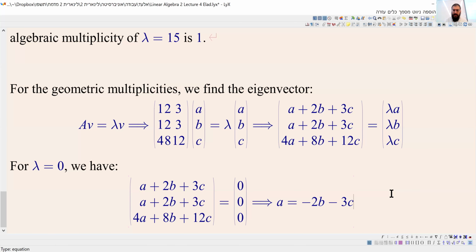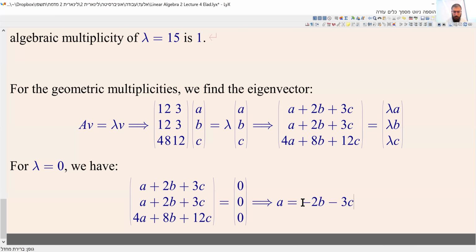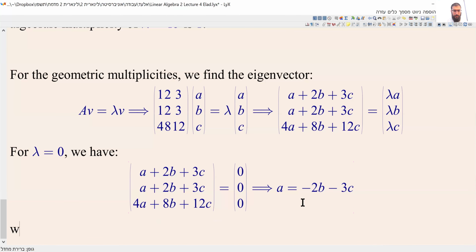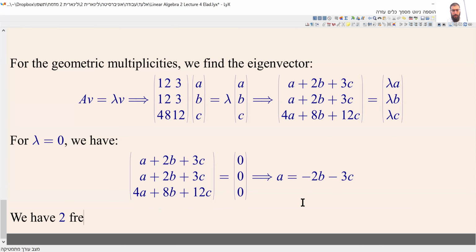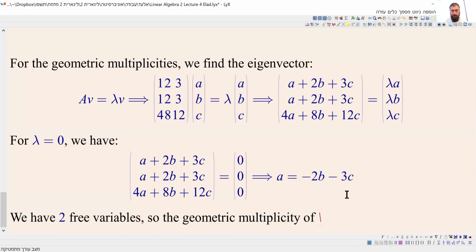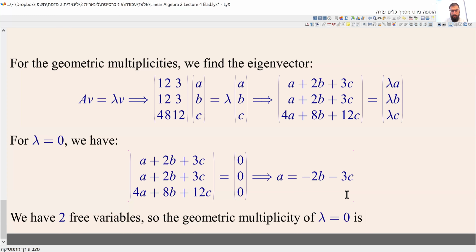A depends on B and C. We have two of three variables free. So the geometric multiplicity of the eigenvalue 0 is 2, which equals the algebraic multiplicity, we'll talk about later. That's not always equal, so one is greater than the other, etc.